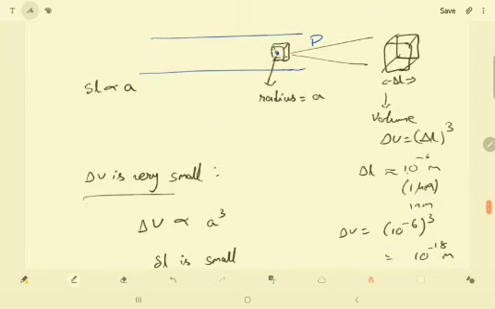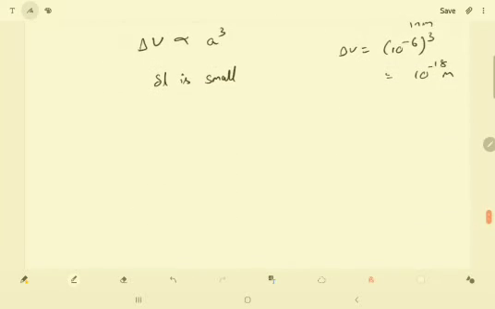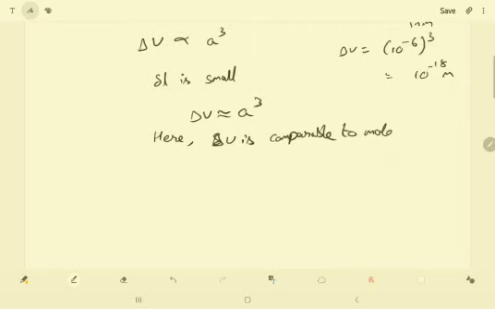If we increase a, then automatically delta L should also increase. If we decrease delta L, then a can also decrease. So delta L is directly proportional to a. In this case we can say that delta V is approximately equal to a cube. That means delta V is comparable to molecular dimensions.